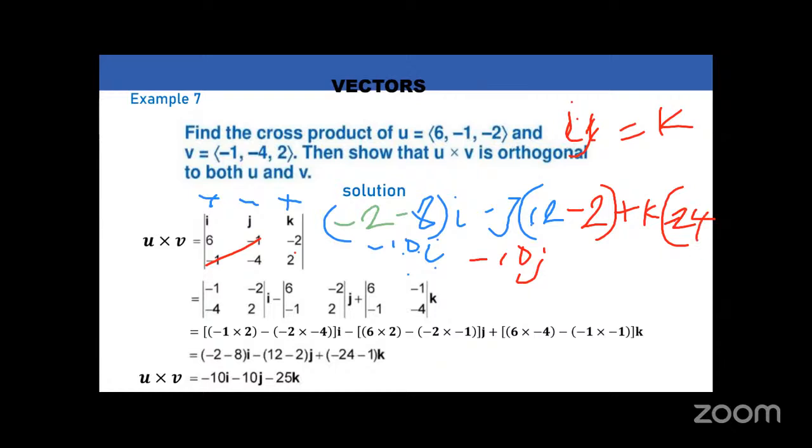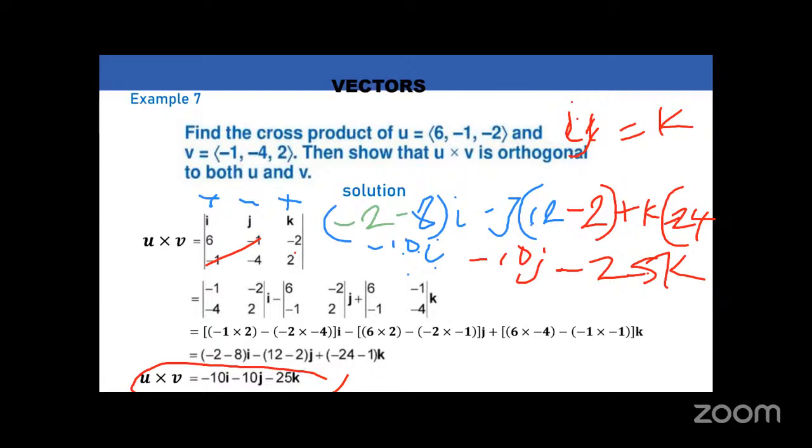Then we have minus 24 minus 1. So that will be minus 25K. So that is what you see here. Minus 10I minus 10J minus 25K. So that is the first part of the question.